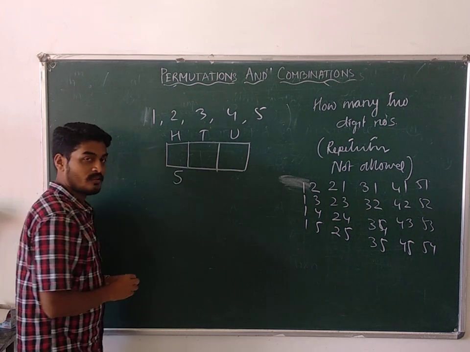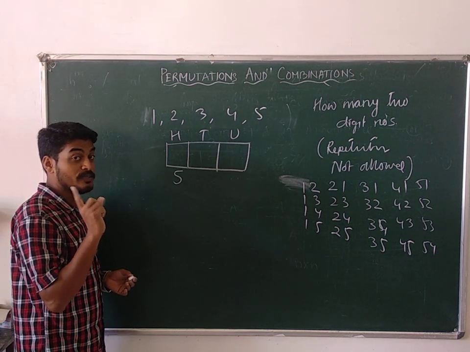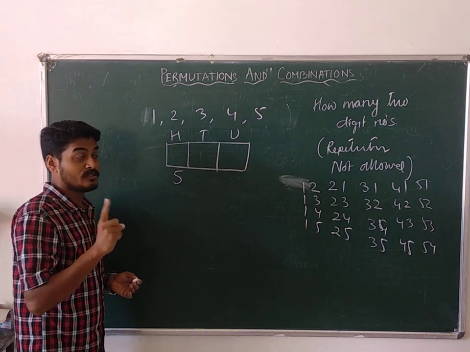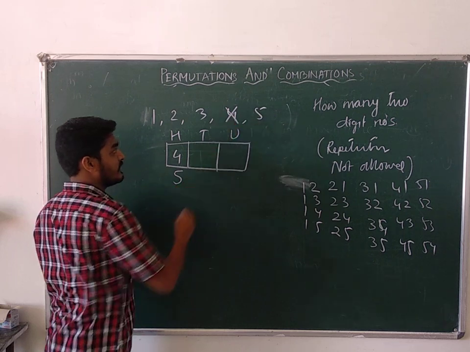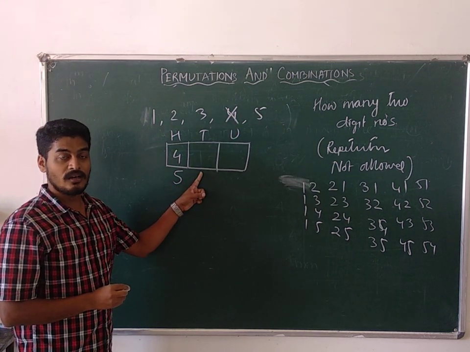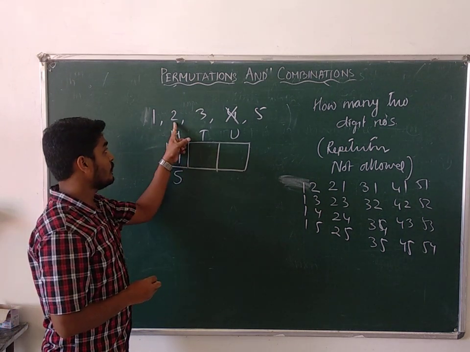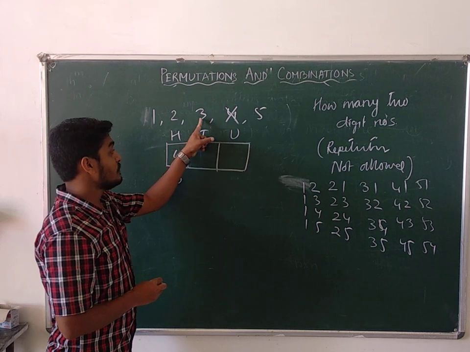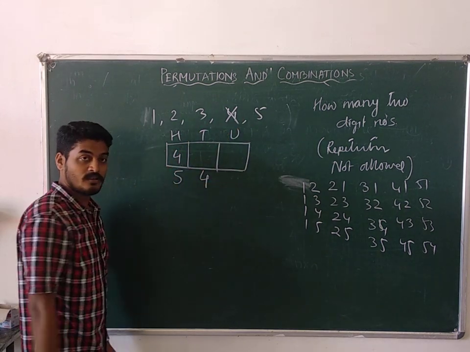So 5. Obviously, one element you have to consider. Suppose I have started with 4. You are not supposed to use 4 once again. To fill up the next place, how many possibilities do you have? Either you can use 1, or 2, or 3, or 5. 4 possibilities are there.